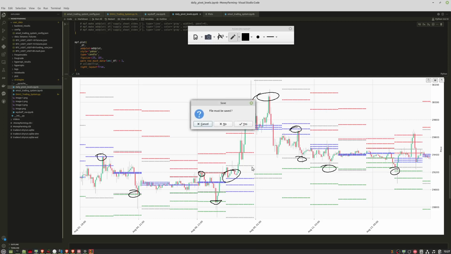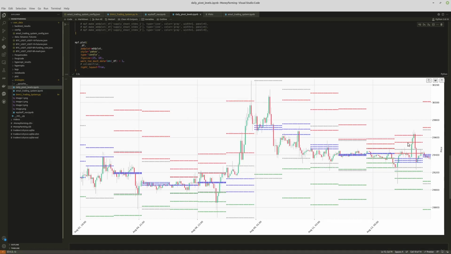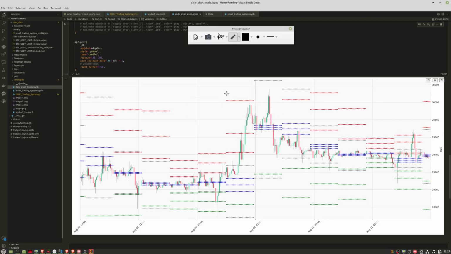And we can also do this for weekly time frame as well. So this is our daily pivot. All right, and so we can do this for weekly as well.